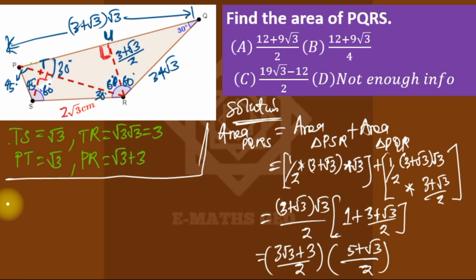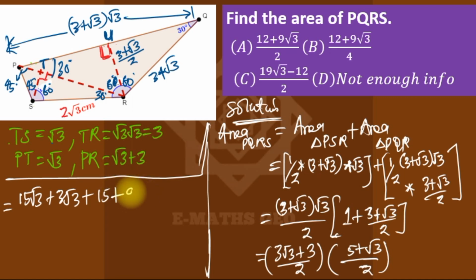So we'll multiply. This times this is 15 root 3 plus 3 root 3 plus 15 plus root 3, plus this times 3, 9, so 9 over 4.